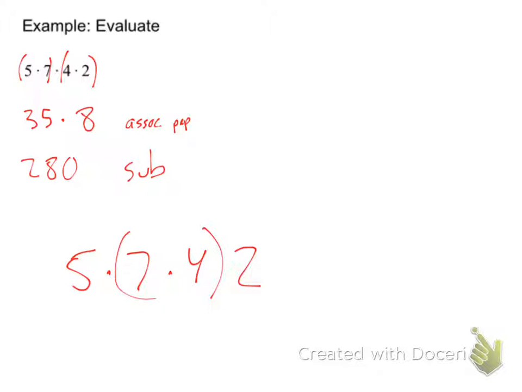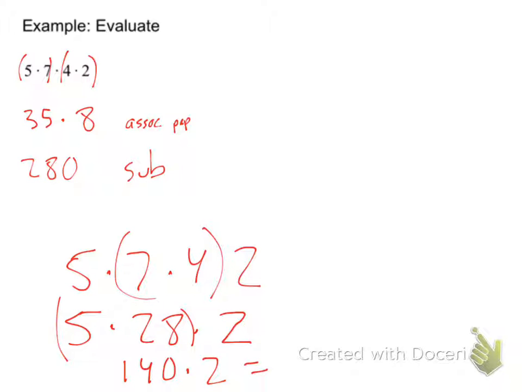Could I have done 7 times 4? So it would be 5 times 28 times 2. And then I could do 5 times 28, which would be what? Probably like 140. And 2 times 140 is 280. They come out to be the same. So it doesn't matter. The associative property, commutative properties of multiplication or even addition work.